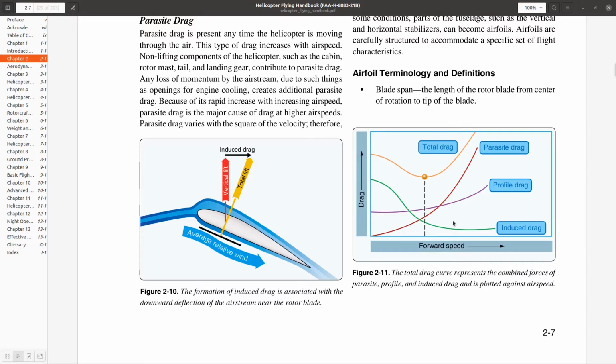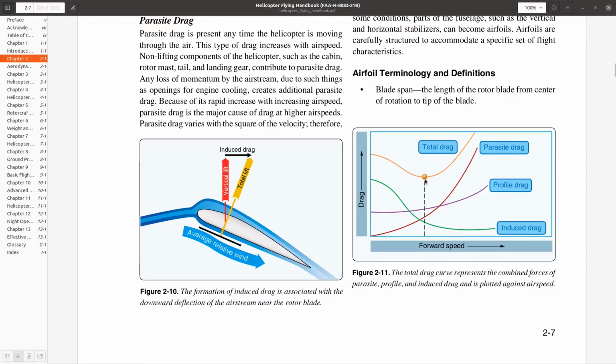We can look at our total drag where we add up parasite drag, which is from dragging stuff through the air, profile drag, and then induced drag. So as we go slower, the induced drag goes up, and as we go faster, the parasite drag goes up. We add all those together, we get a curve kind of like this.